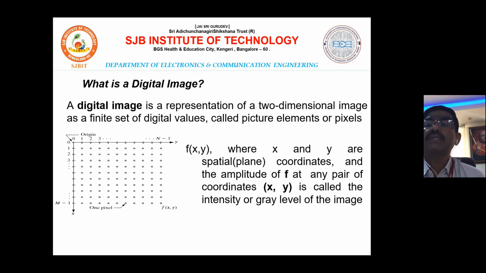Any image to be considered is called f of x comma y, where x and y are spatial coordinates, and the amplitude of f at any pair of coordinates x comma y is the intensity or gray level of the image.